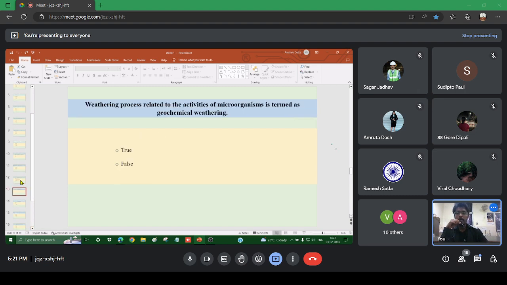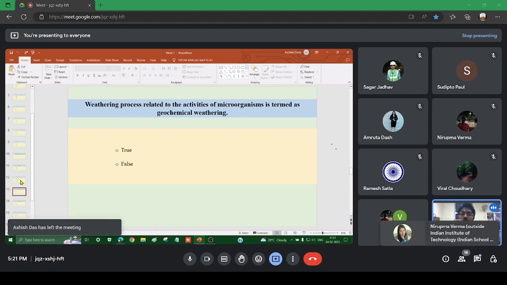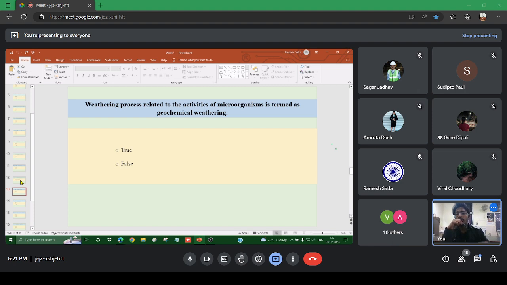Weathering process related to the activities of microorganisms is termed as geochemical weathering. I repeat the question. Weathering process related to the activities of microorganisms is termed as geochemical weathering. State this statement as true or false.